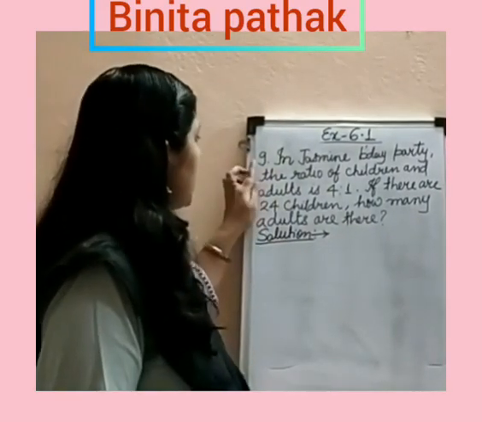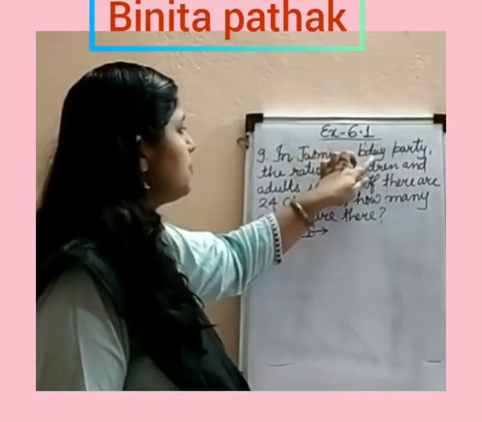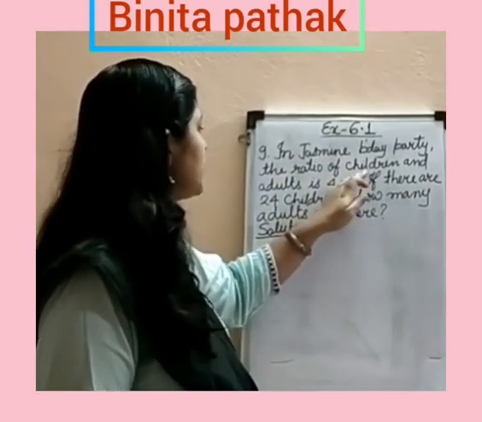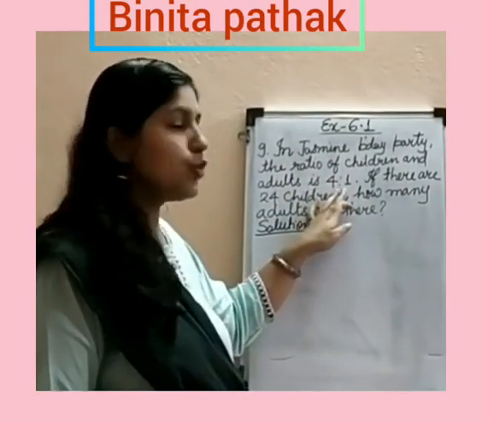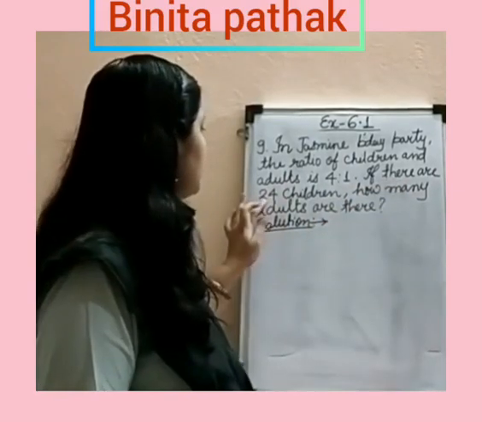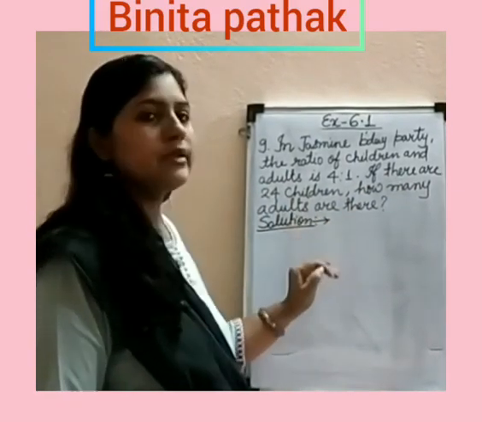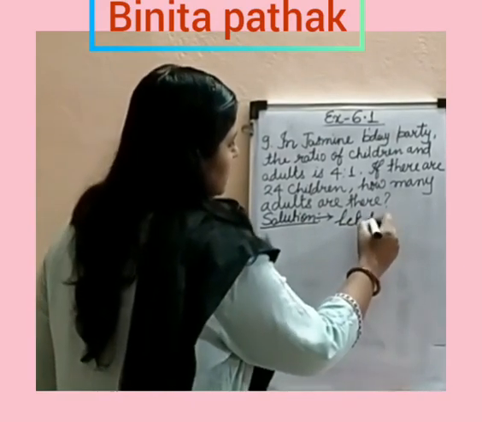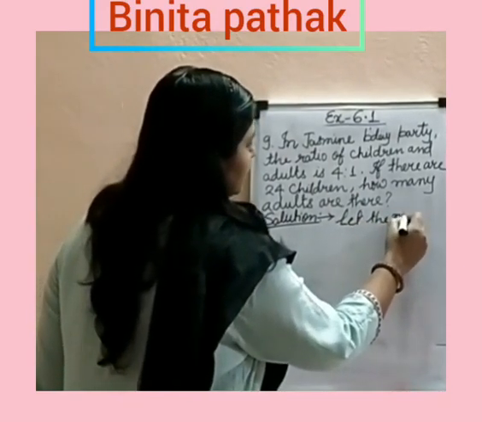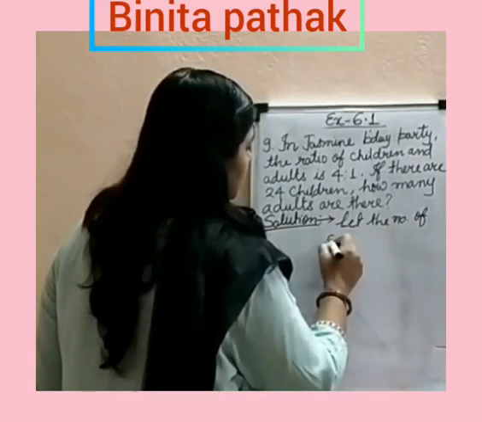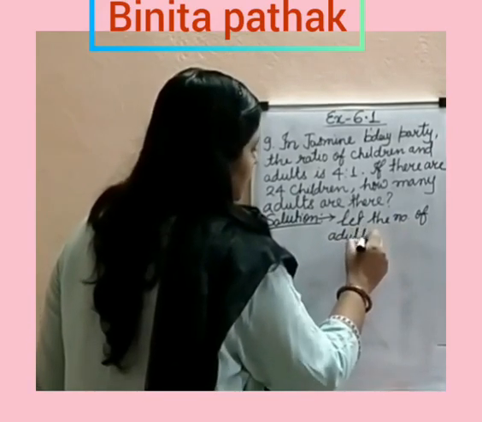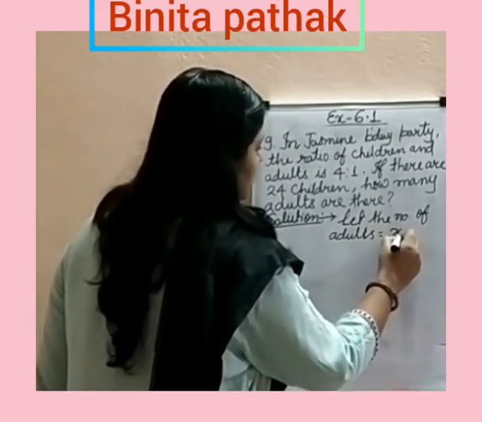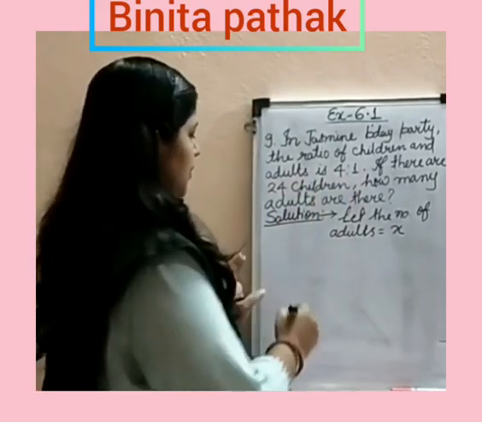Now the next question. Question number 9, word problem: in Jasmine's birthday party, the ratio of children and adults is 4:1. If there are 24 children, how many adults are there? Let the number of adults equal x. How can we write it in ratio?